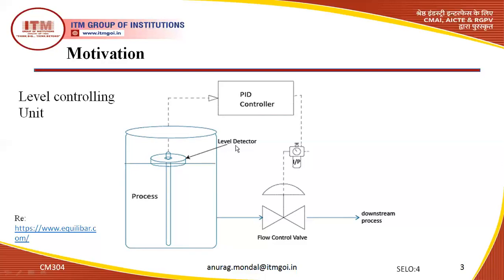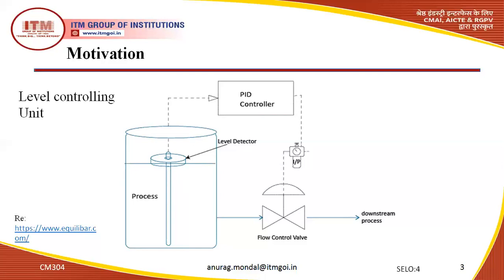We need to be choosy: if the liquid has some impurity, then we have to choose a level detector which detects the presence of the impurity, and with the help of that presence of the impurity, we can easily detect the level.